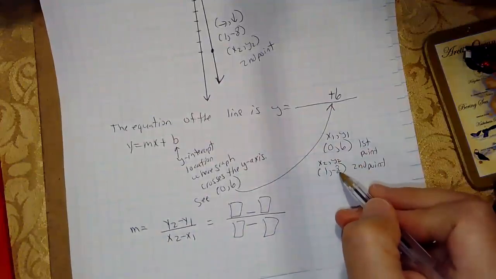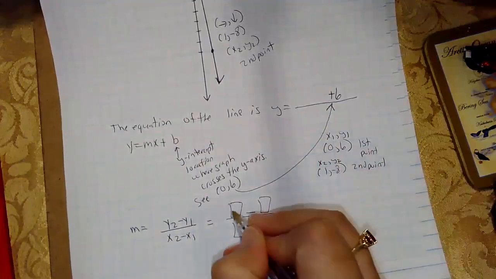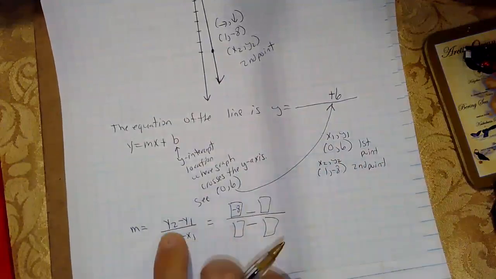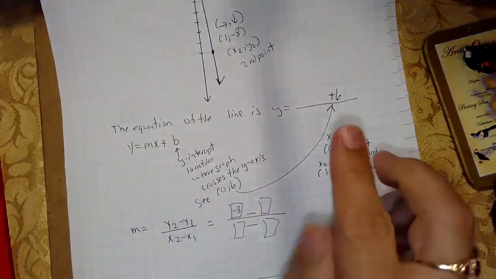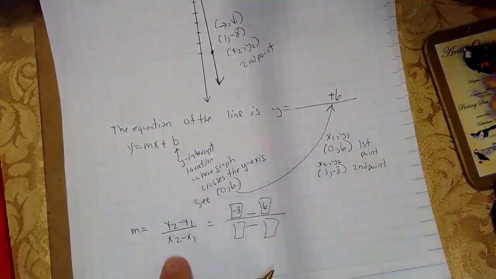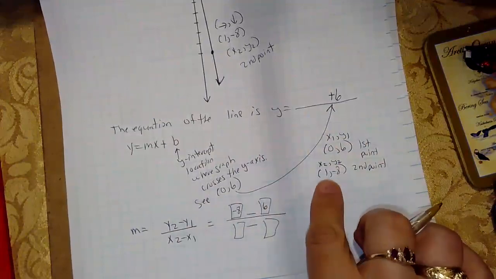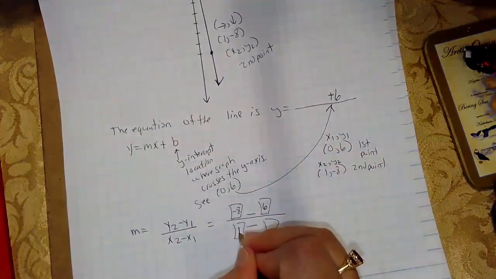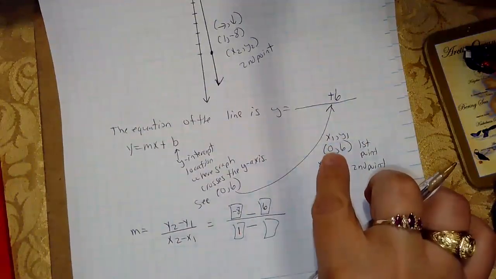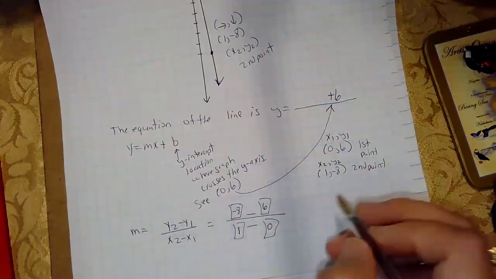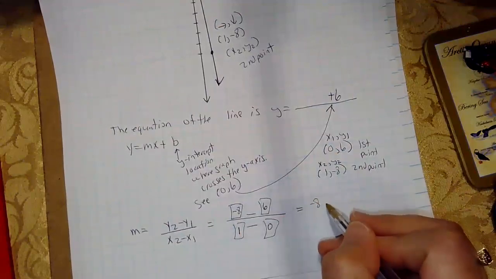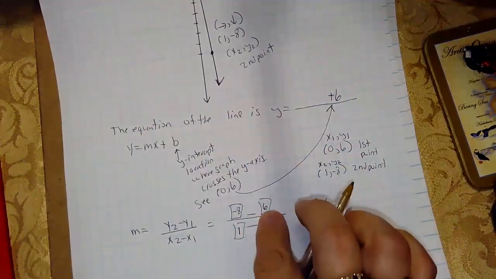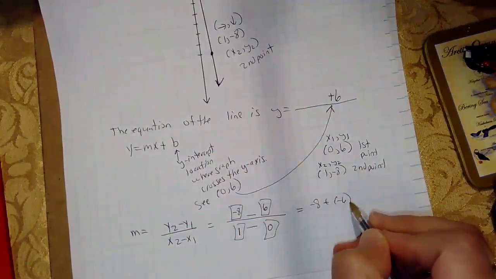So y2 is negative 8, so put that right here, see? y2 minus y1 is 6. x2 is 1, take away x1 is 0. And I'm going to take the opposite, so change that to plus, and then take the opposite.